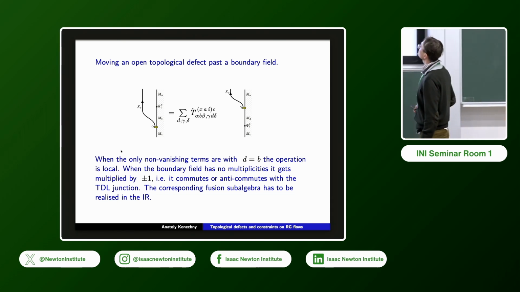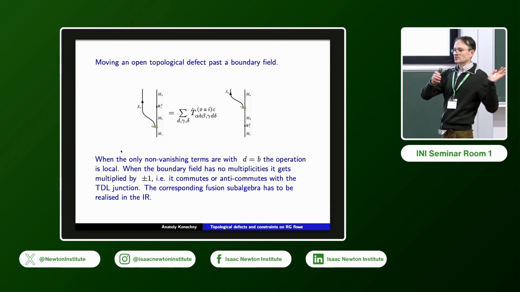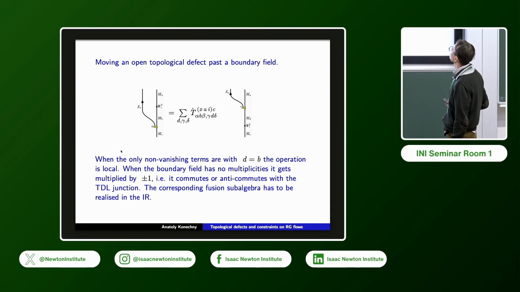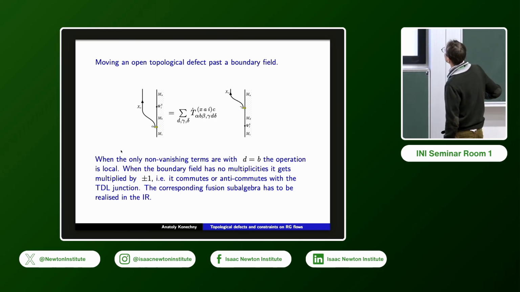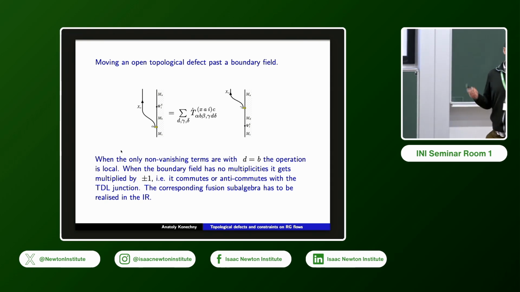One interesting thing is the analog of the sweeping-through operation. Here I have a boundary operator, and here I have my topological junction with a defect, so I can lift it up and pass through. In general, that will generate a sum, where part of this sum runs over an index D, the intermediate boundary condition. So they can be different, and that will look also non-local.